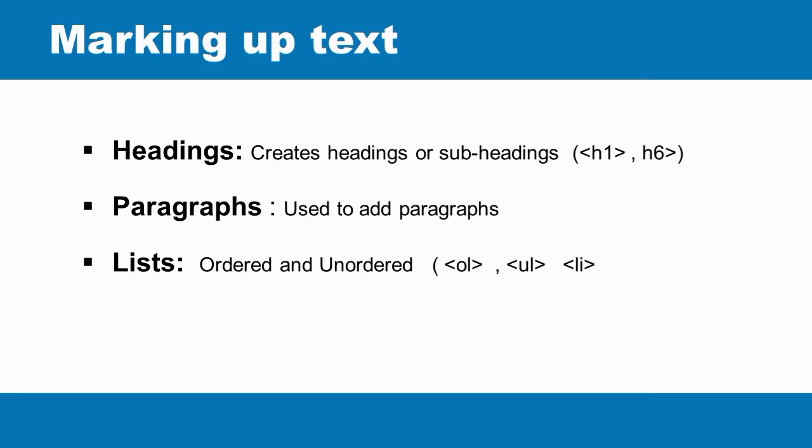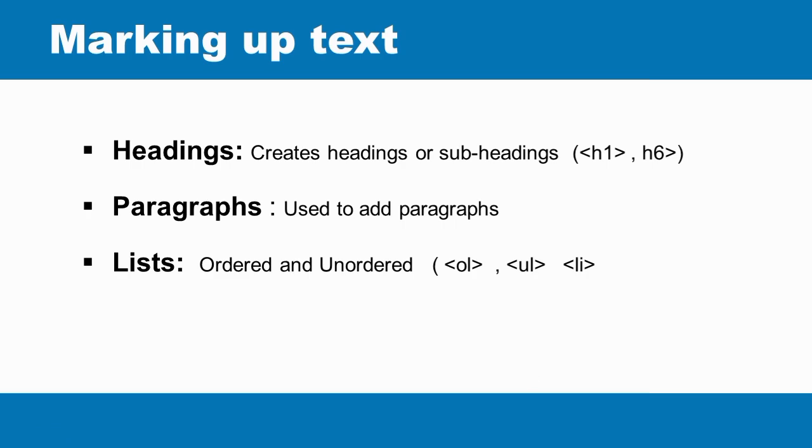The most common list types are ordered and unordered lists. The ordered list is represented with the OL tag, and the unordered list is represented with the UL tag.